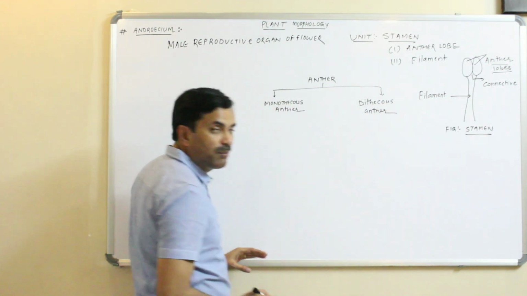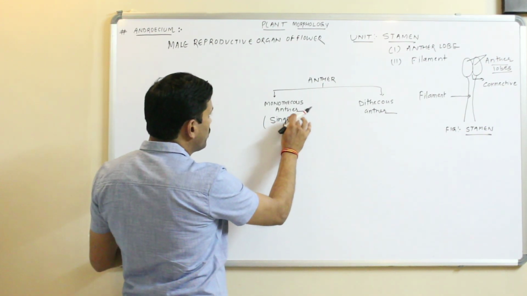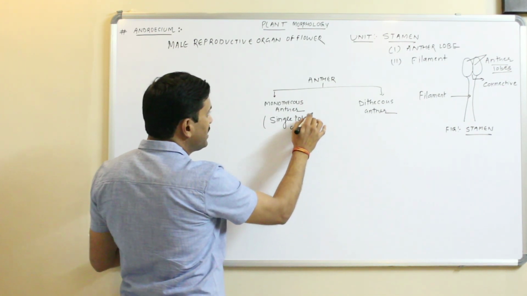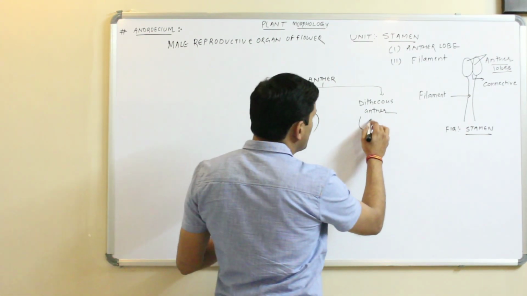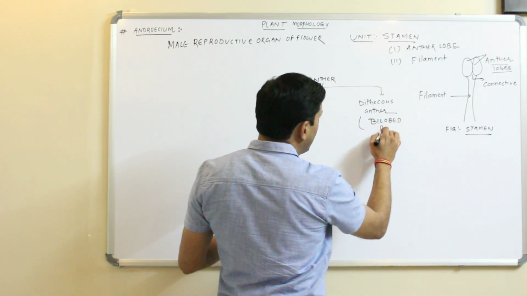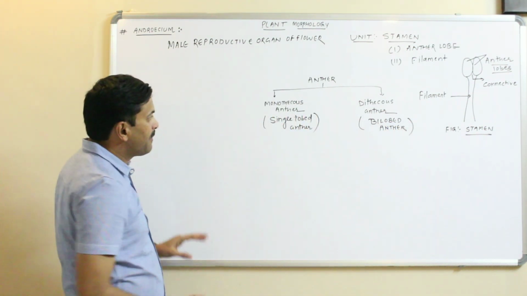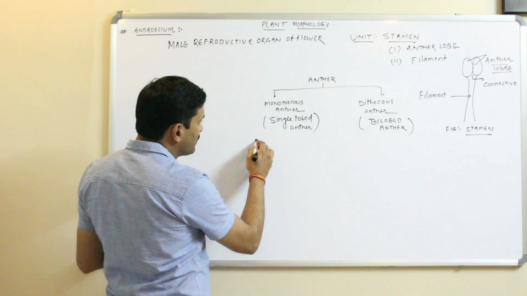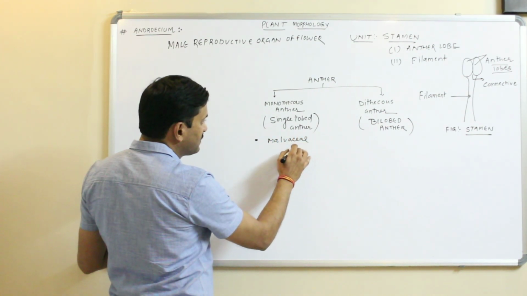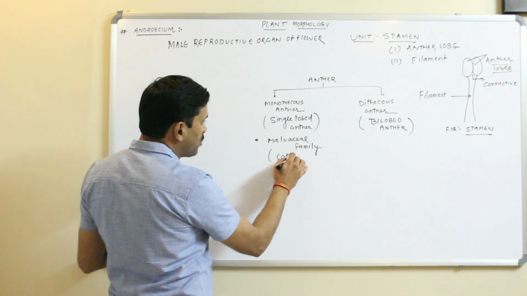As the name indicates, monothecous means single lobed anther and dithecous means two lobed, bilobed anther. Now this monothecous anther is found peculiarly in the Malvaceae family.